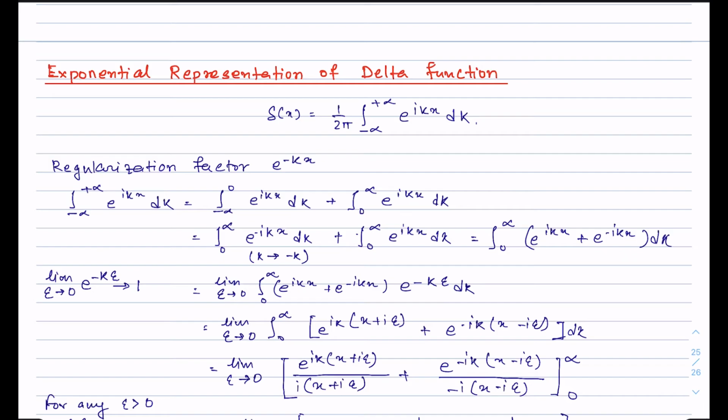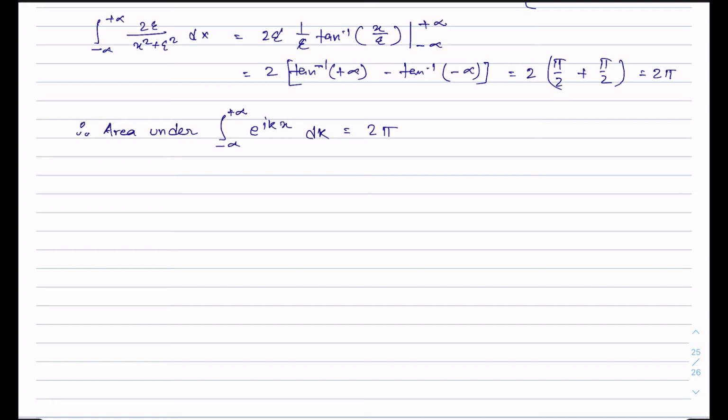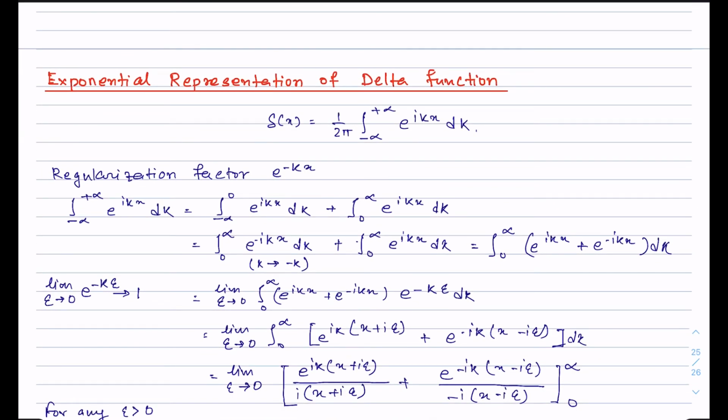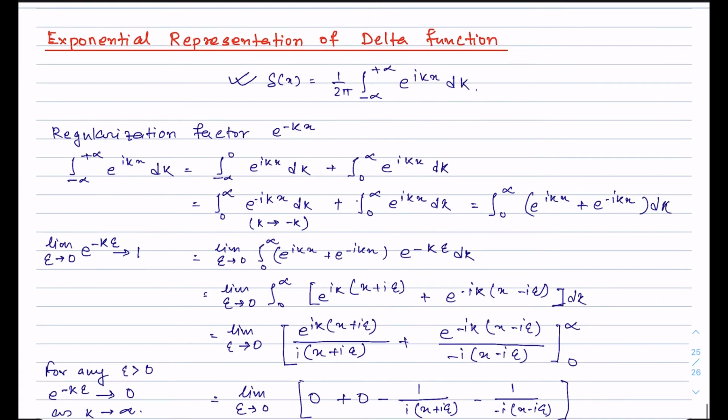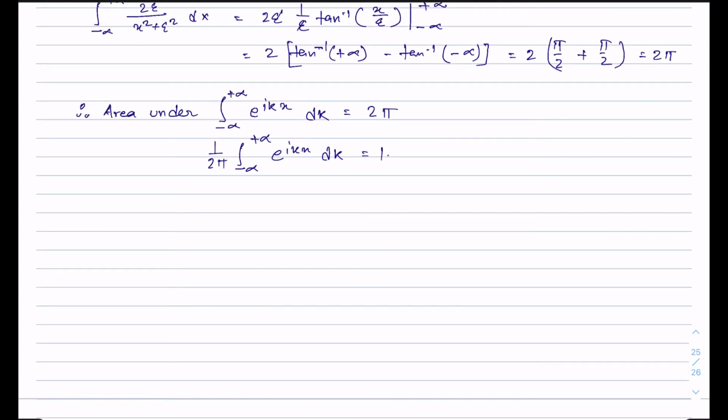So that is where we started. The area under this integral is 2 pi. So we can say that the area under 1 over 2 pi times the integral from minus infinity to plus infinity of e to the power ikx dk is 1. This is the thing that we began with. So the area under this function is 1, and we can say that this represents a Dirac delta function, and this is the exponential representation of the Dirac delta function.